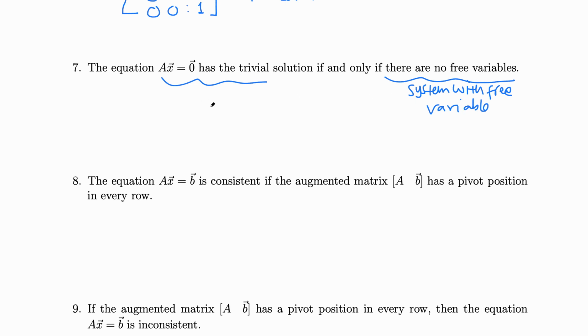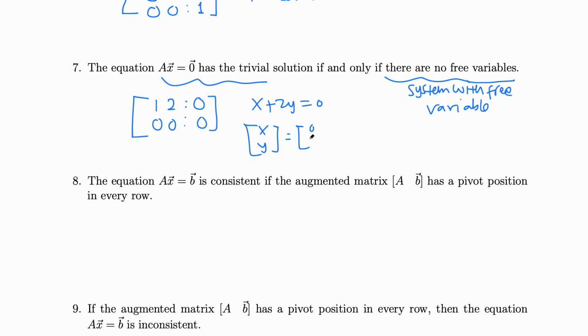So we're going to write the augmented matrix for a system with a free variable: 1 2, and we have 0 here, 0 0 0. So we got a free variable. But if we try to solve this, x plus 2y equals 0, then x = 0, y = 0 solves this equation.